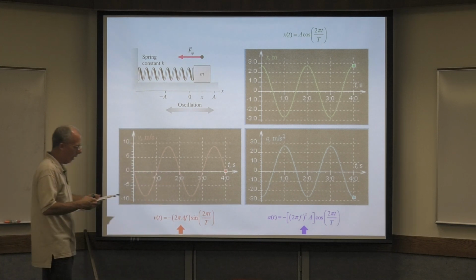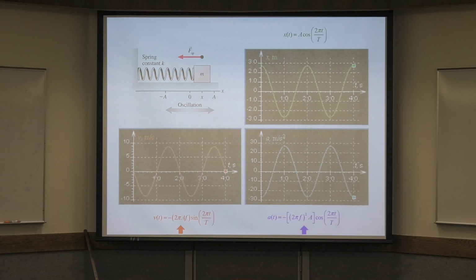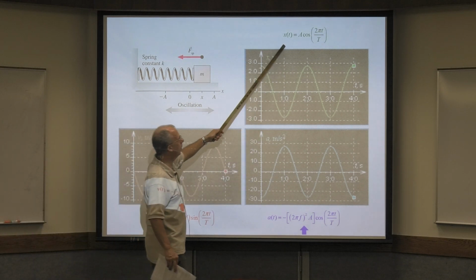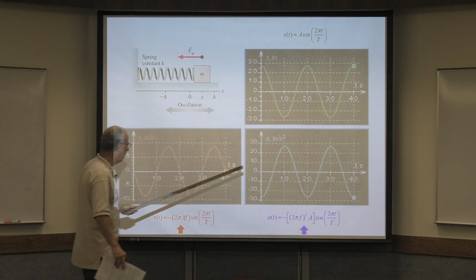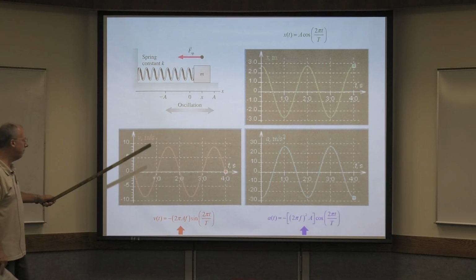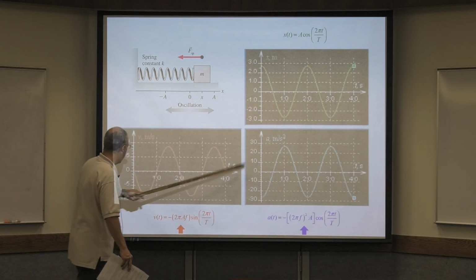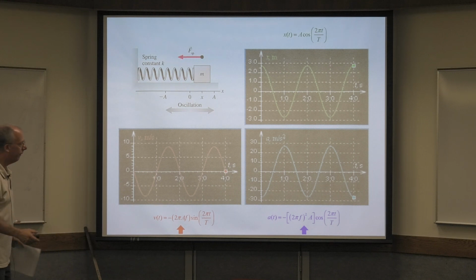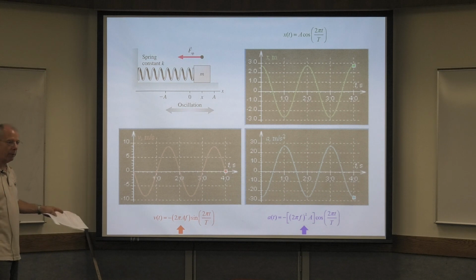So basically, if we have something undergoing simple harmonic motion, we know x, we know x max, we know x min, we know v, v max, v min, a max, a min, and everything in between. So as far as kinematics, we know everything. So we're done. As long as we can show that something undergoes simple harmonic motion, we know everything there is to know about the kinematics.